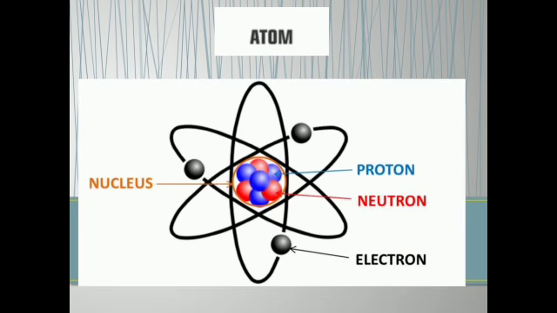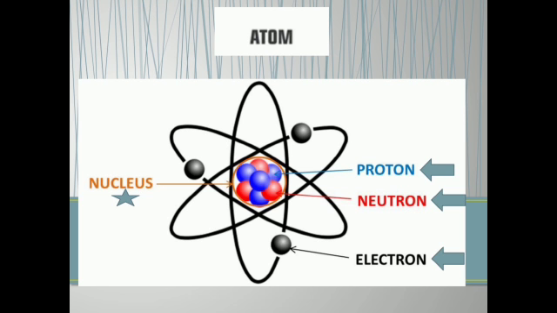Now see the picture of atom, and there are 3 fundamental particles: proton and neutron, which exist in the nucleus. And what is nucleus? Nucleus is the central part of an atom. Now the third one is electron. So there are 3 fundamental particles: proton, neutron and electrons.